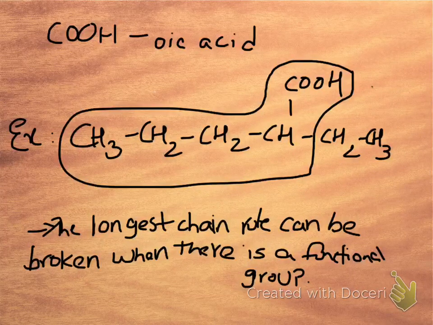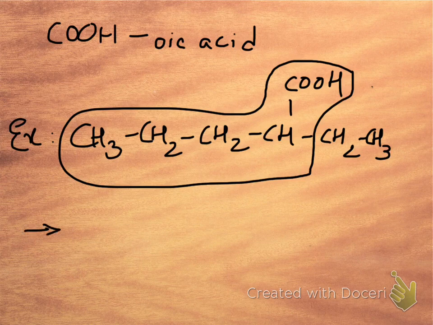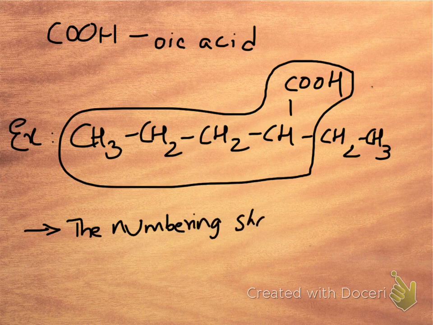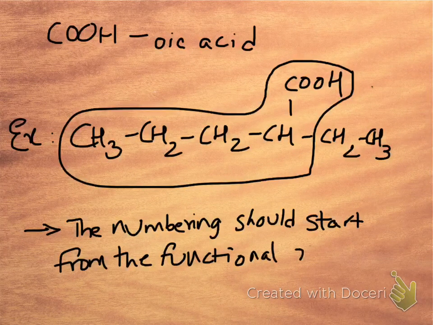Now numbering. The second rule when functional groups are present is that the numbering should start from the functional group, not from the carbon compound end, if a functional group is present.